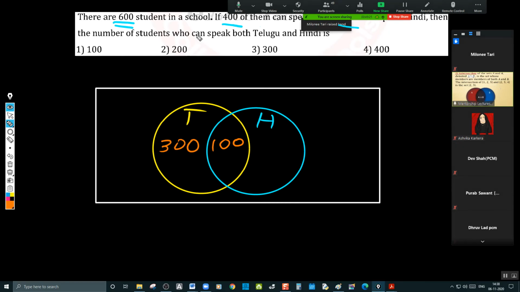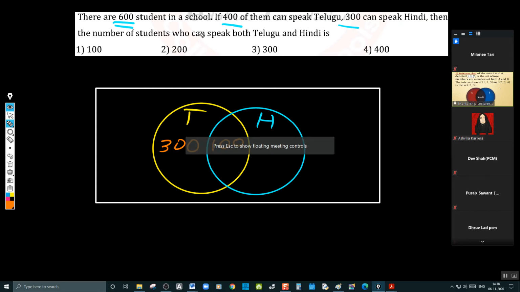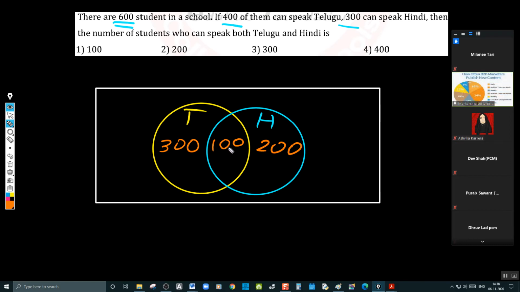And Hindi speaking people there are 200. Now count it, you will understand. 200 plus 100, 300 plus 300, 600. So what is the answer for this simple question? Answer for this is 100.